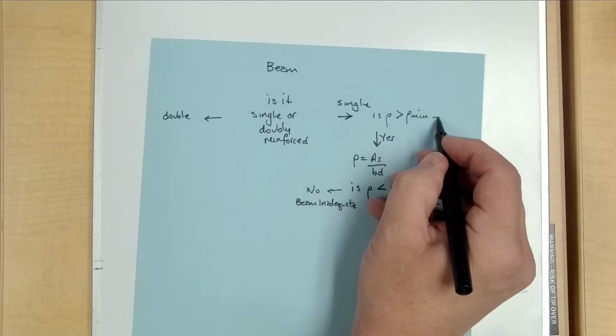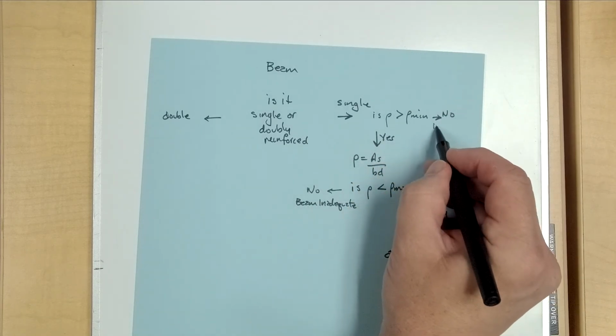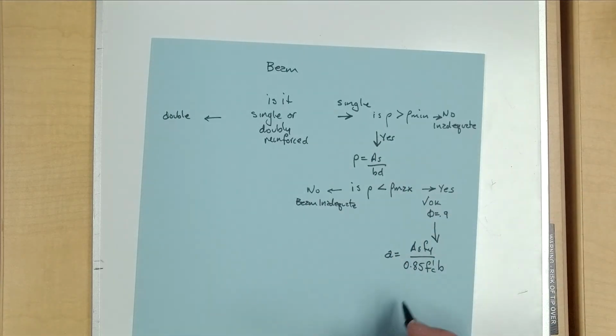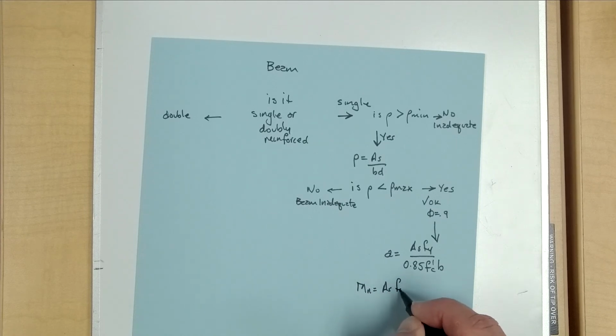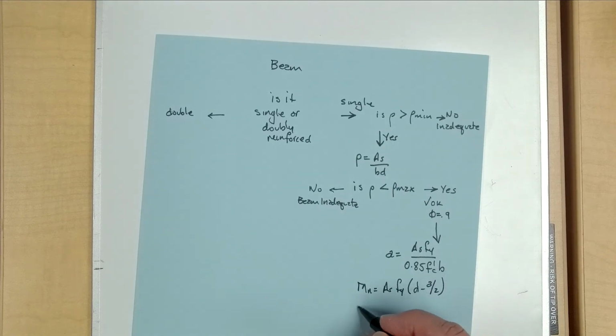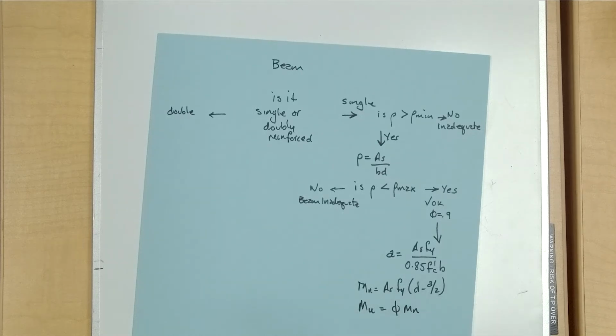If yes, then we go on. If no, then it's inadequate. If that's a, then we know M_n is equal to A_s f_y (d minus a over 2), and that M_u is phi M_n.